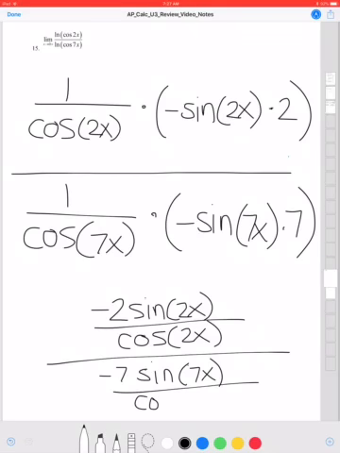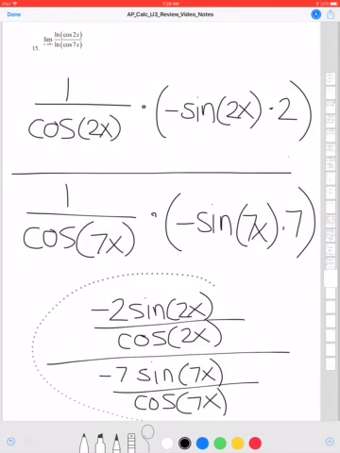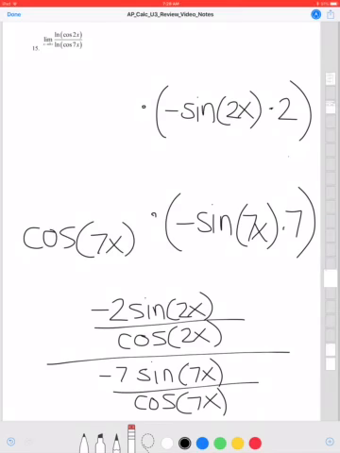Alright, now if we were to try and plug in 0 at this point, which we should try to do, the sine of 0 is 0, the cosine of 0 is 1. 0 divided by 1 is still 0, so I'm still going to get 0 over 0. So we're going to have to do L'Hopital's rule again.